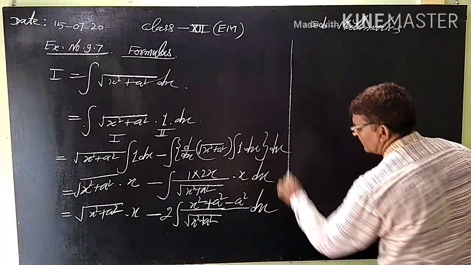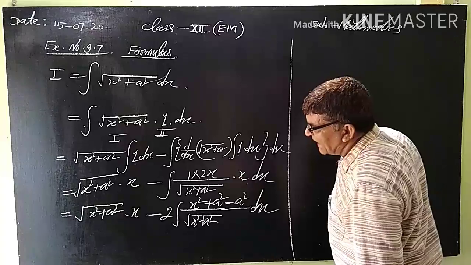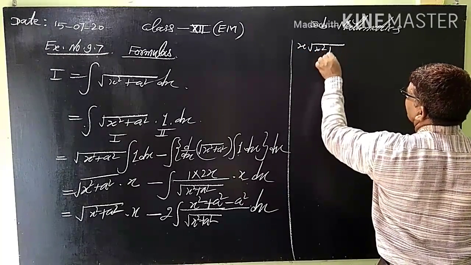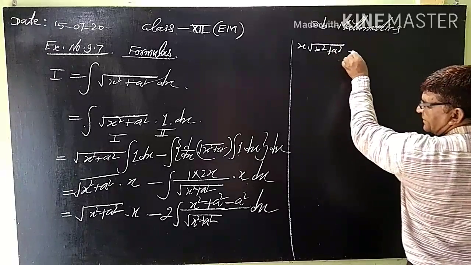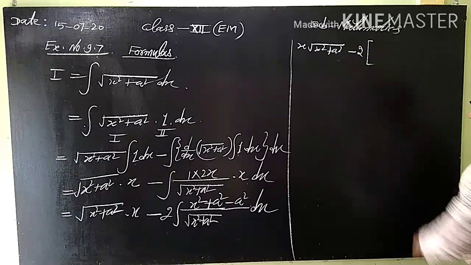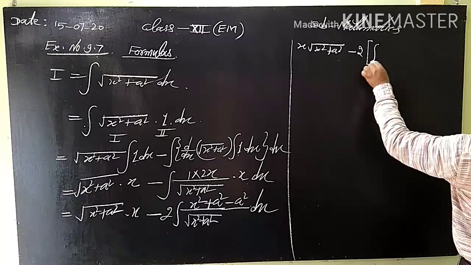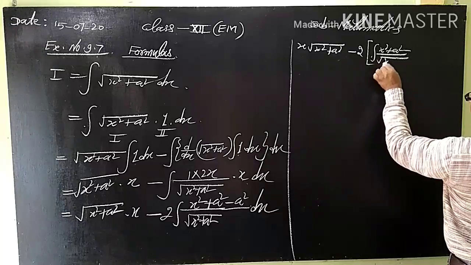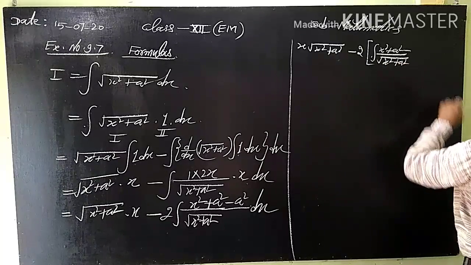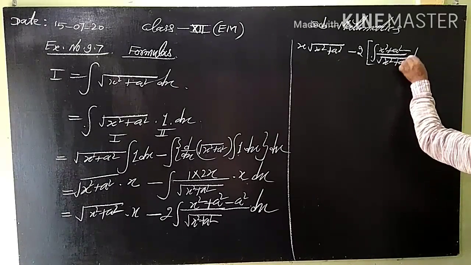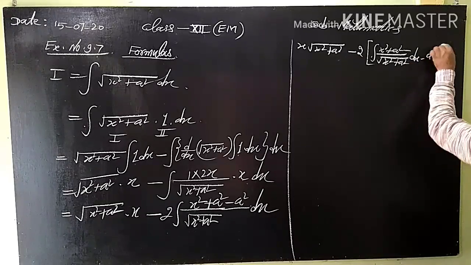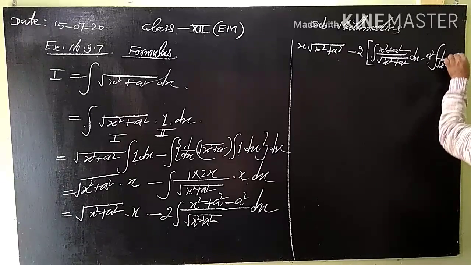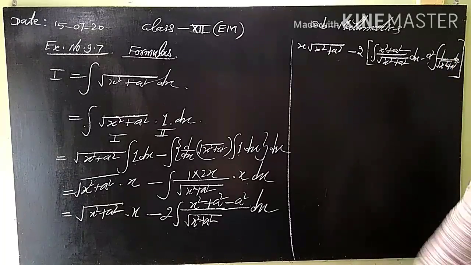Now x under root x square plus a square minus 2, integration of x square plus a square upon under root x square plus a square dx, minus a square into 1 upon under root x square plus a square dx, all brackets closed.